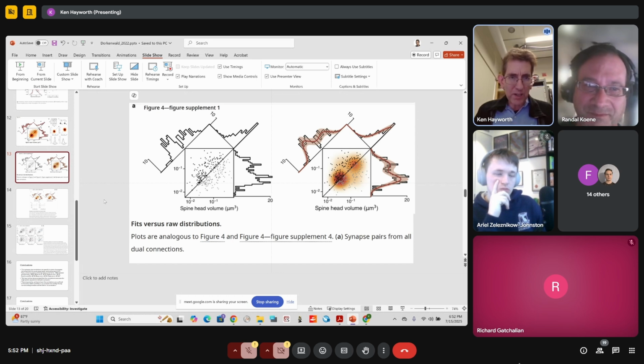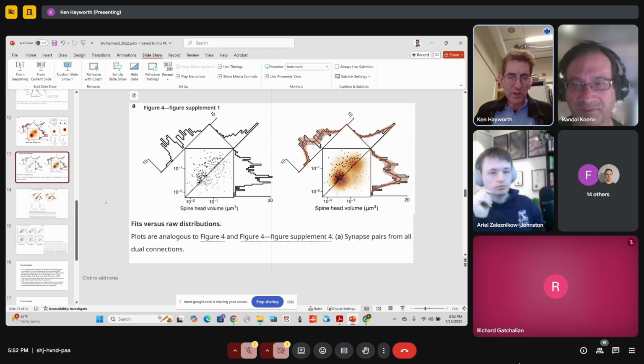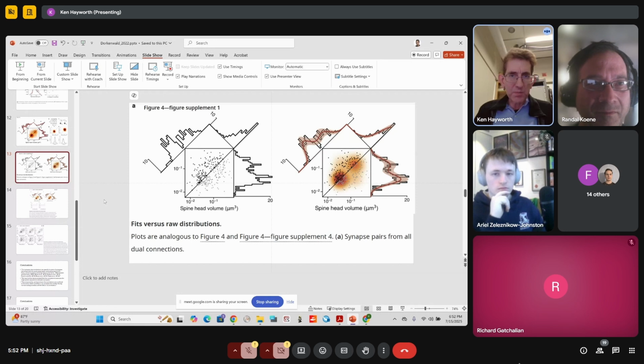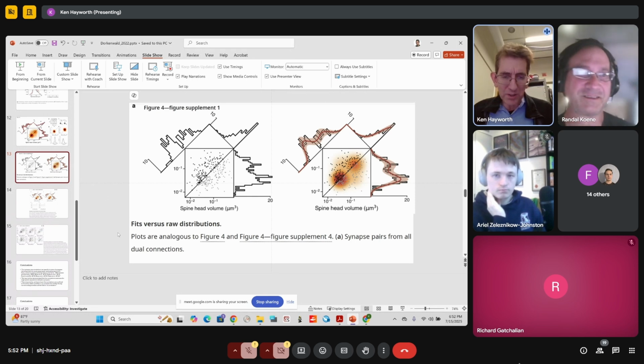If you're adding a bunch of random variables together, then the mean of adding samples from random variables together, you'll get a normal distribution. But if you have a process where you have a bunch of things coming in and they're multiplying with each other, then you would get a log normal distribution. Somebody help me that has a better statistics background.